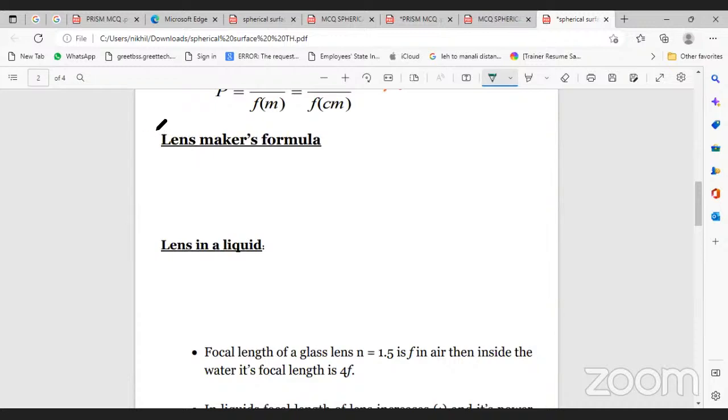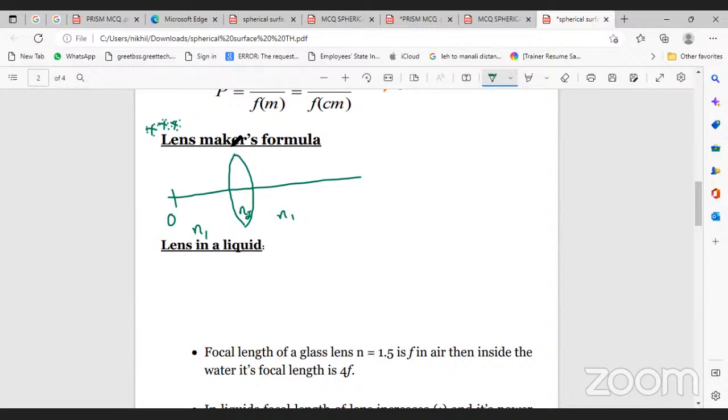Very, very important concept: the lens maker's formula. See here, if I consider a convex lens, this is the principal axis. I will place the object here. This medium is N1, the lens medium is N2, and this is once again N1, the surrounding medium.